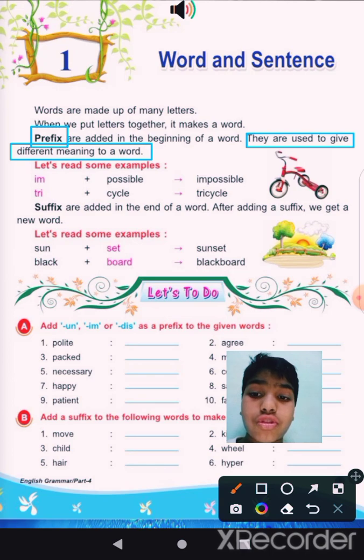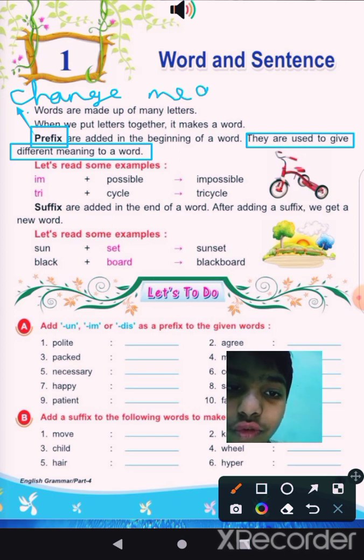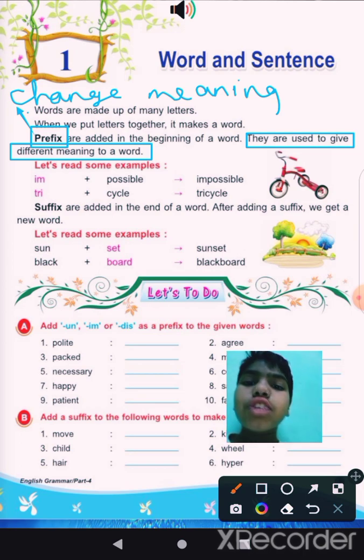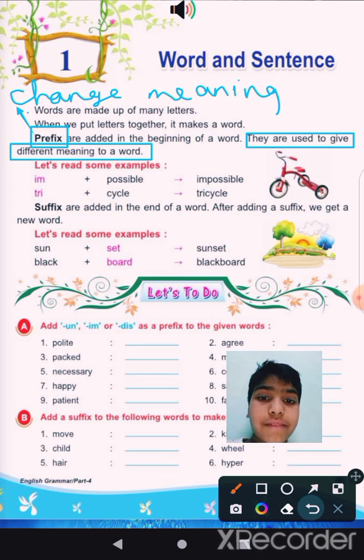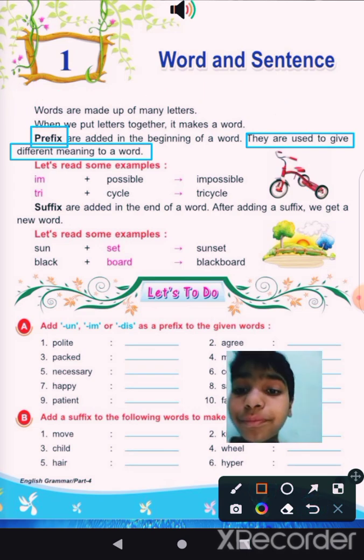Let me draw an arrow here. They change the meaning of a word. That we will see. Let's read some examples, the red line.